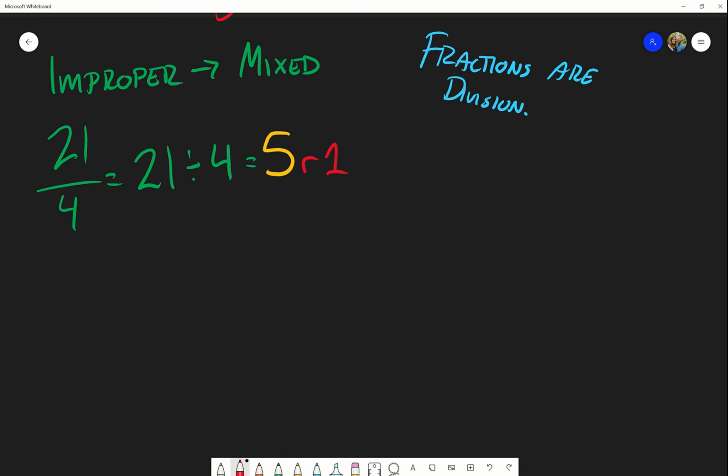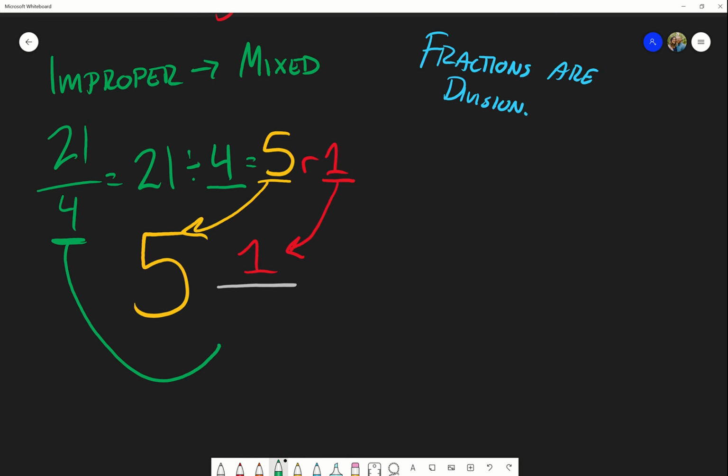And so the way we write all of this information is we have our fraction. This number becomes our whole number. Our remainder becomes our numerator. And the number that was the denominator stays the same as our denominator.